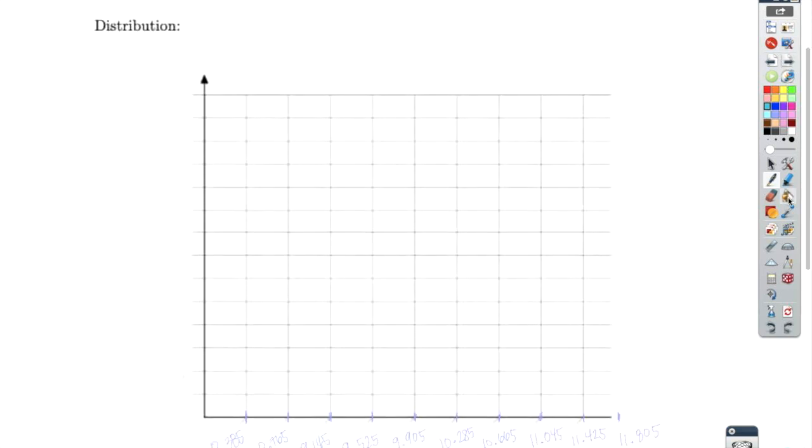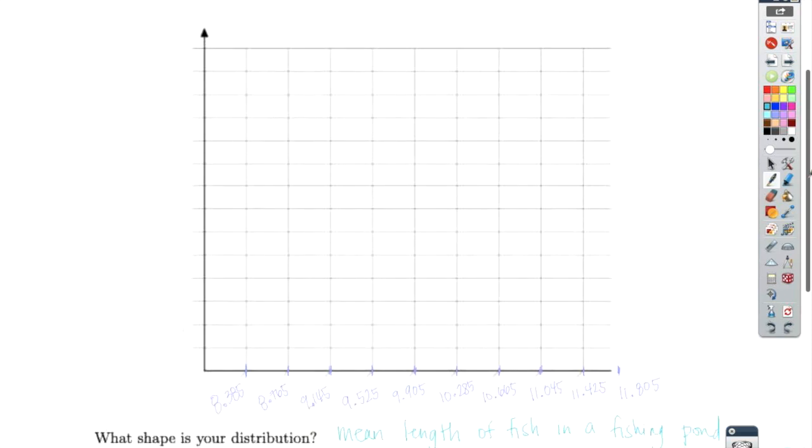Let's see, I think we have room to scale by 5s. So let me do it this way: 0.05 and then 10 and 15 and so on. And that'll fit nicely.